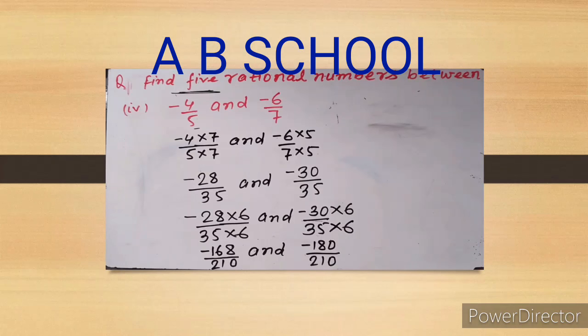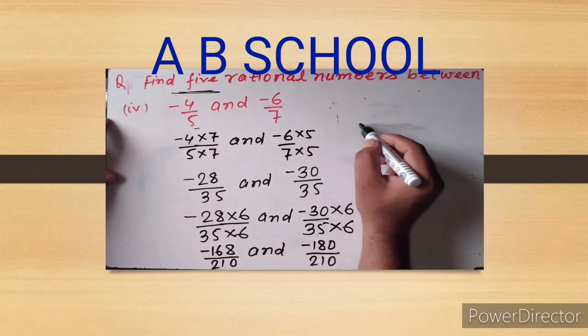Now we can see, students, between -168 and -180 we have lots of rational numbers like -169, -170, -171, -172, -173 till -179.